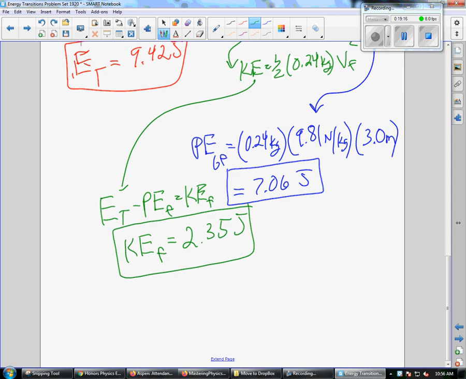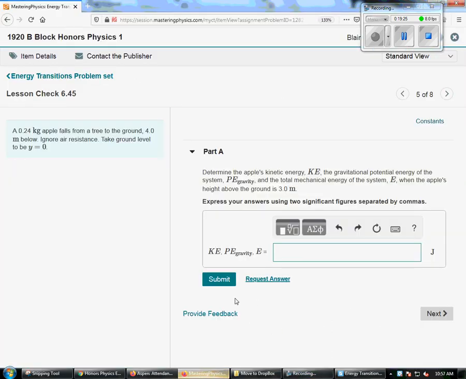Do you plug that in with commas? Like answer? Yeah, that's what I'm going to do. Because they asked for them separated by commas. So they want the KE first, and they want 2 sig figs.